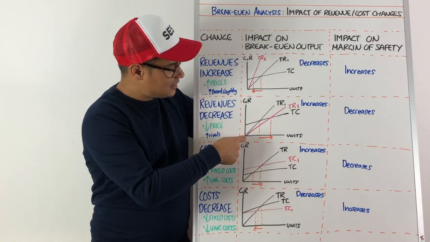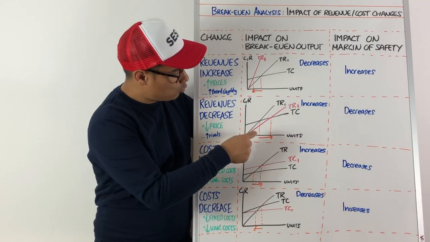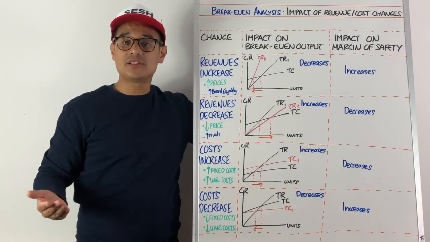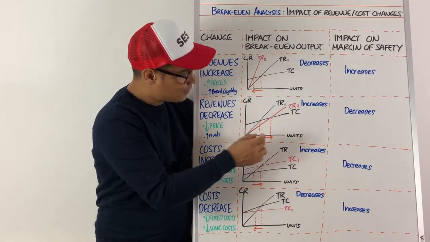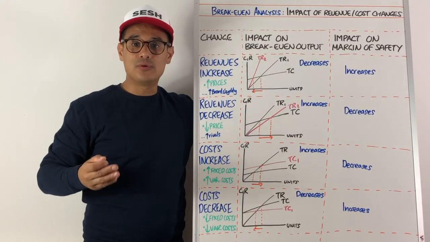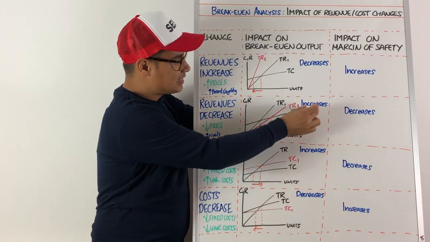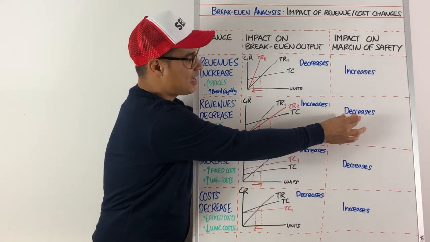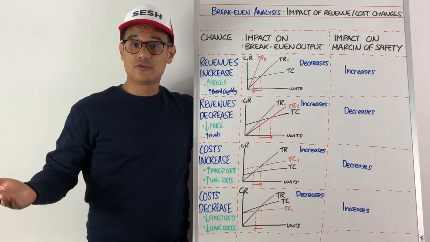And the impact of that is that the intersection between total revenue and total costs will be pushed further to the right, which will mean it's a bad thing for a business because it will take more units for the break-even output to be established. And so clearly, if revenues are decreased, the break-even output will increase. And the opposite will happen to the margin of safety, and that will mean that the margin of safety is likely to decrease. Now we'll go through this for costs.